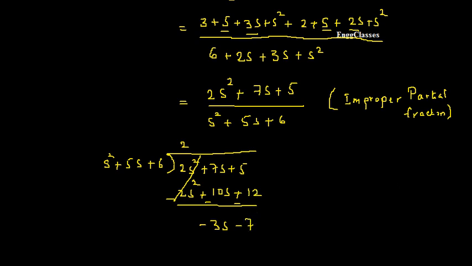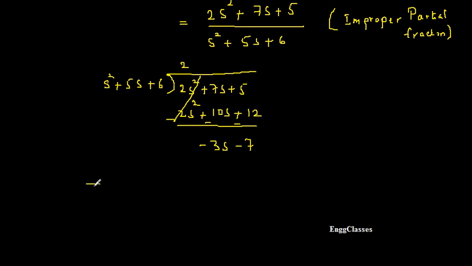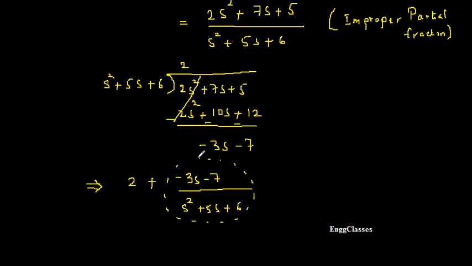So therefore, I would write this as 2, whatever the quotient, the 2, plus remainder divided by the divisor, that is (minus 3s minus 7) divided by (s square plus 5s plus 6). Is that okay? So now 2 I'll keep it as it is. Only for these things I make use of partial fraction.